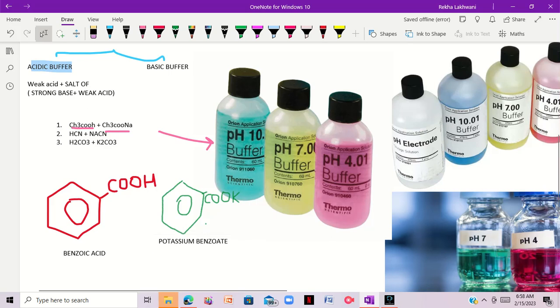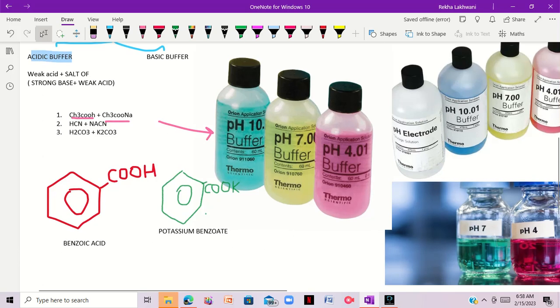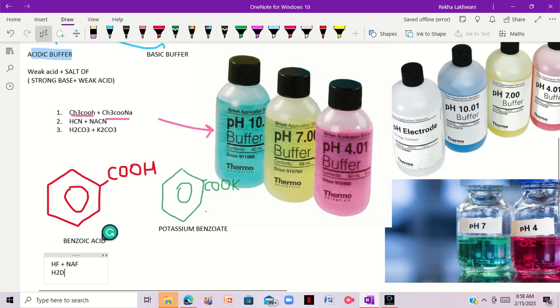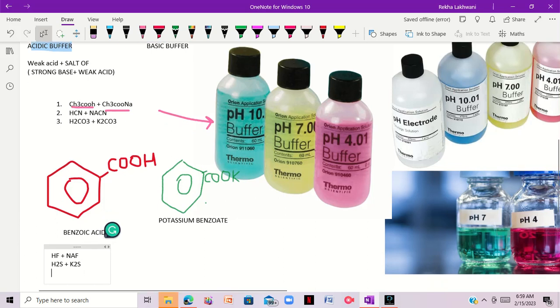Let's look at more. We have hydrogen fluoride plus sodium fluoride, then hydrogen sulfide plus potassium sulfide, and carbonic acid plus calcium carbonate.